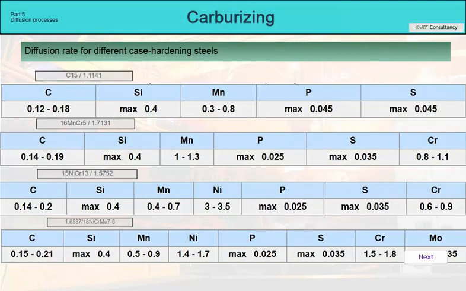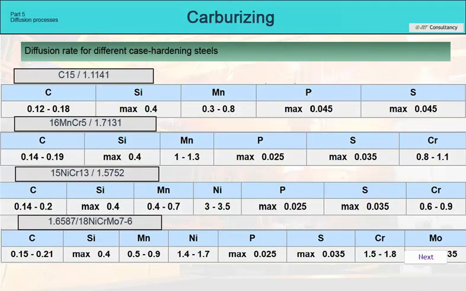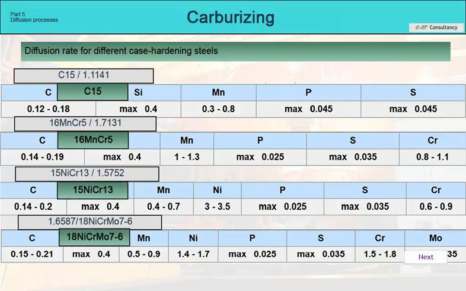Diffusion does not occur at the same rate for all steels. The basic case-hardening steels are C15, 16MnCr5, 15NiCr13, or 18NiCrMo7-6, or their equivalents. The first steel is purely carbon, with a certain portion of silicon and manganese.